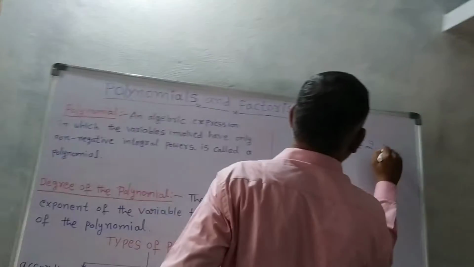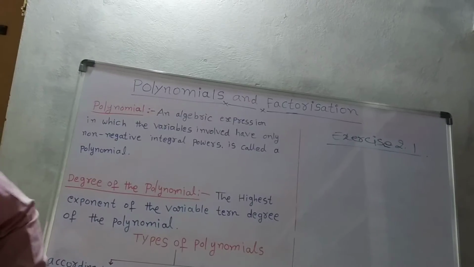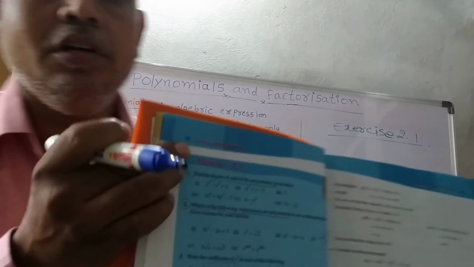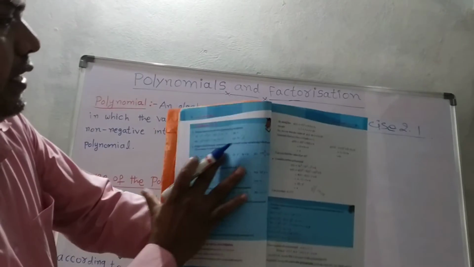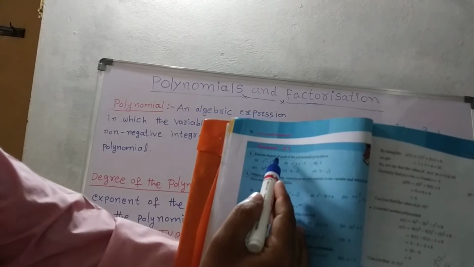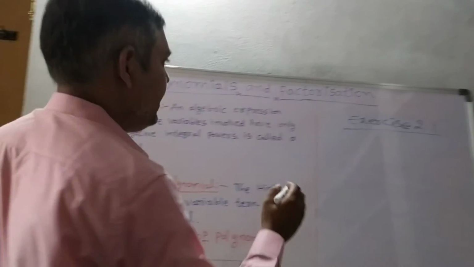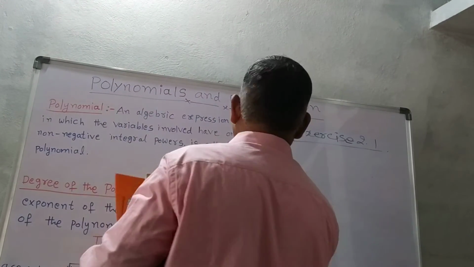Children, textbook page number 32. Textbook page number 32, bit number 1. In this bit number 1, find the degree of each of the polynomials given below. Question number 1. Find the degree.